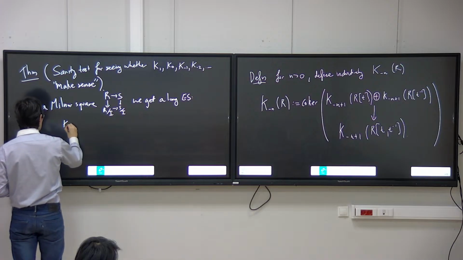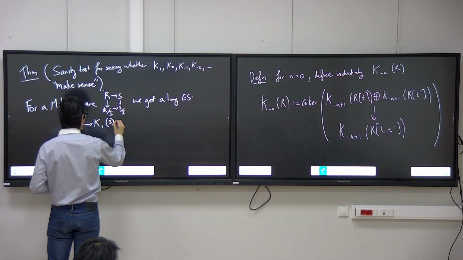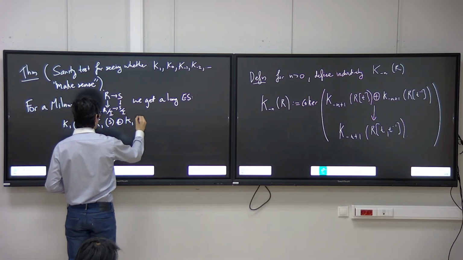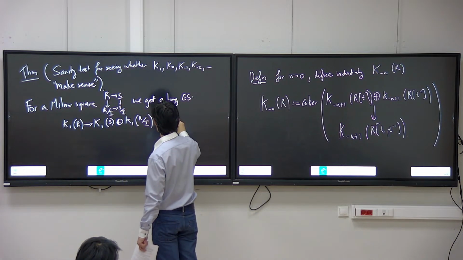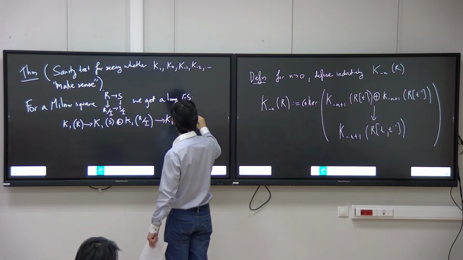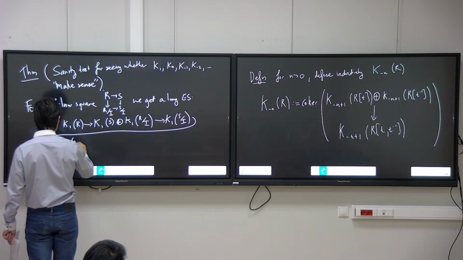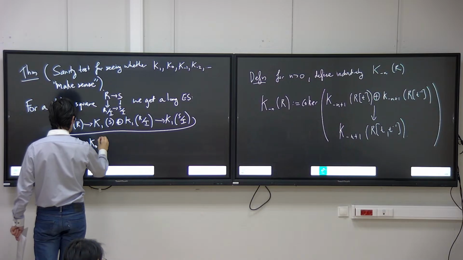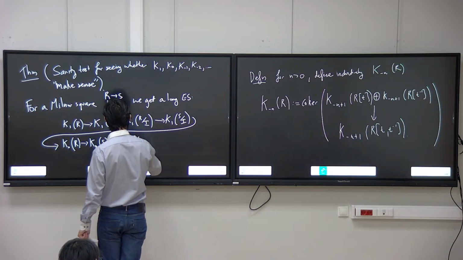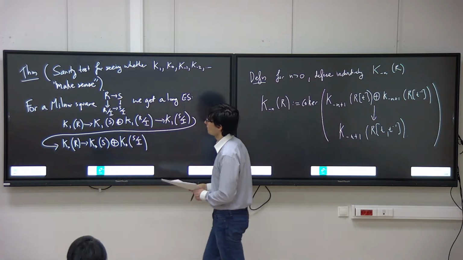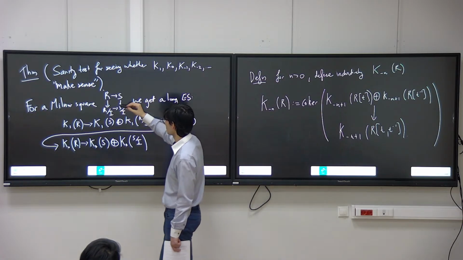So K1 of R to K1 of S plus K1 of R over I to K1 of S over I, and then it continues to K naught of R to K naught of S plus K naught of R over I. I think, by the way, the definition of Milnor square that I gave, you can check that it's a push-out square.